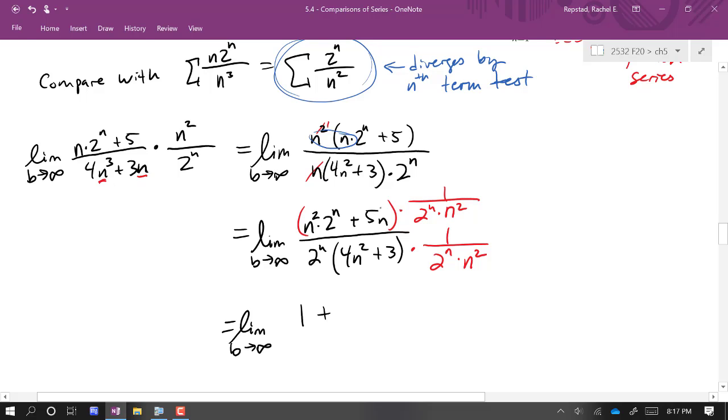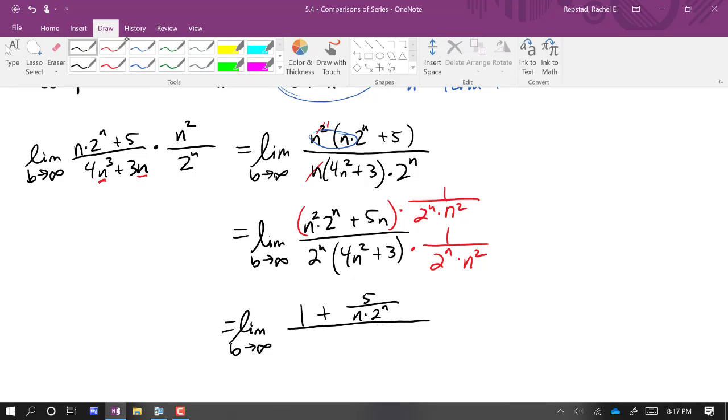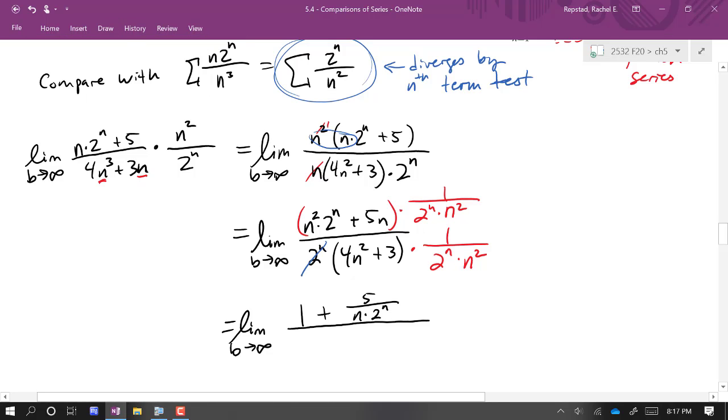And distributing to the 5n, you'll cancel one of those n's, so we get 5 over n·2^n. On the bottom, the 2^n cancels straight away. And then I'm just going to distribute the 1 over n squared that's left through the parentheses, and we get 4 plus 3 over n squared.